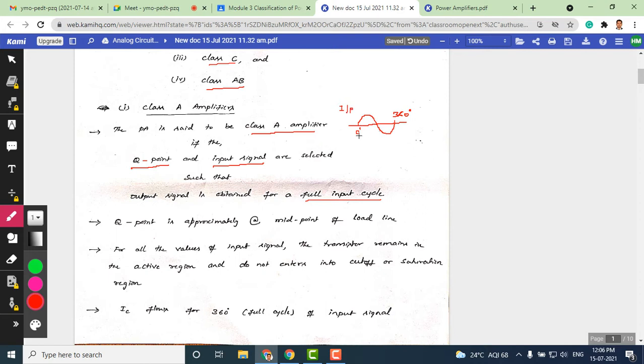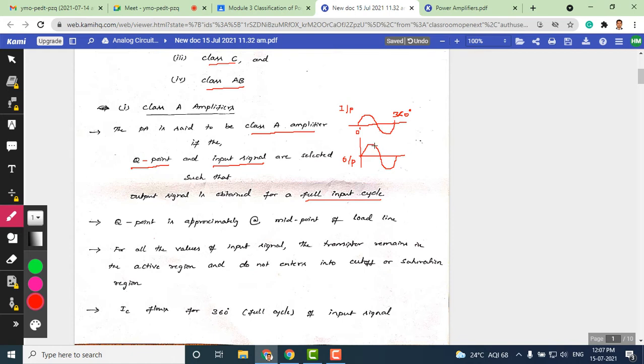If I treat this as an input signal, or base current in the case of a BJT based amplifier, and we are selecting the Q point and the input signal such that the output current also flows for the entire duration of the input cycle. So for the complete duration of the input cycle, the output current will be flowing.